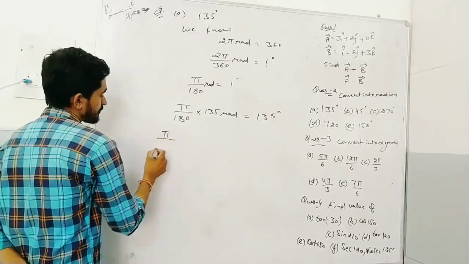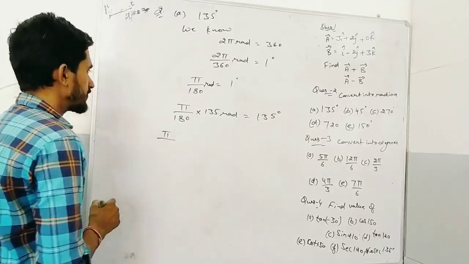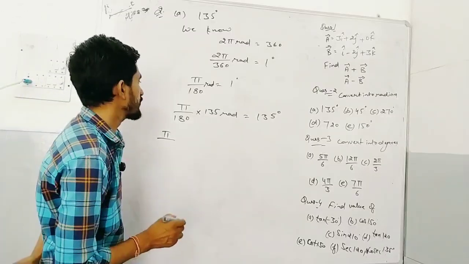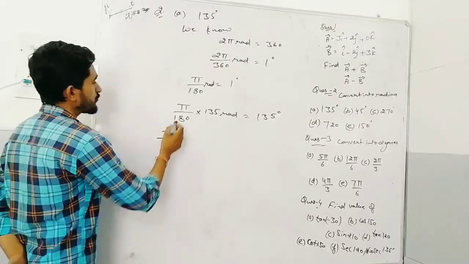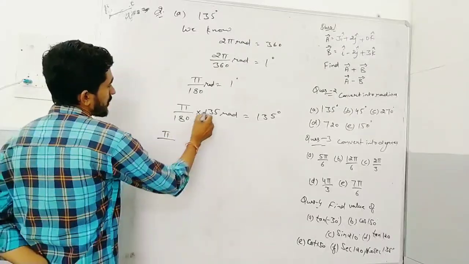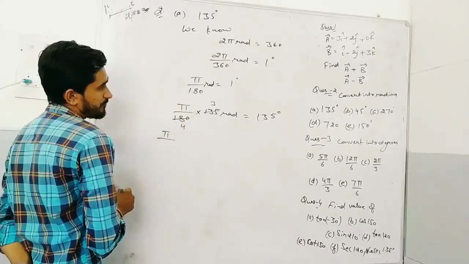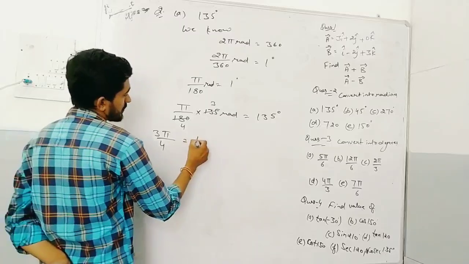Is it possible to cut it on 45? 45 into 3 and 45 into 4. Then the answer will be 3 pi upon 4.